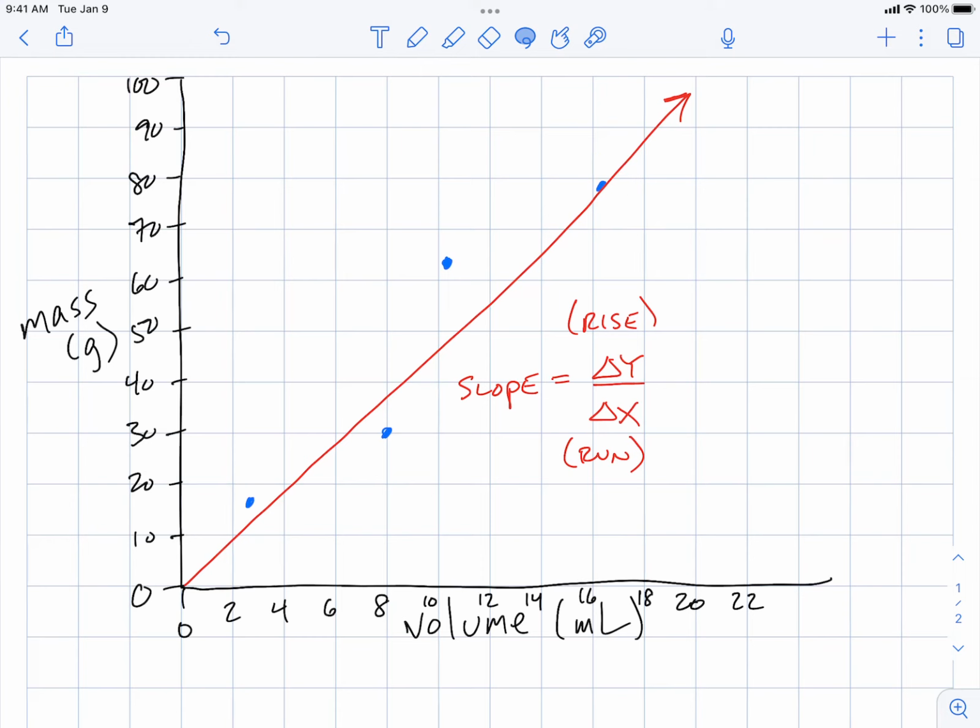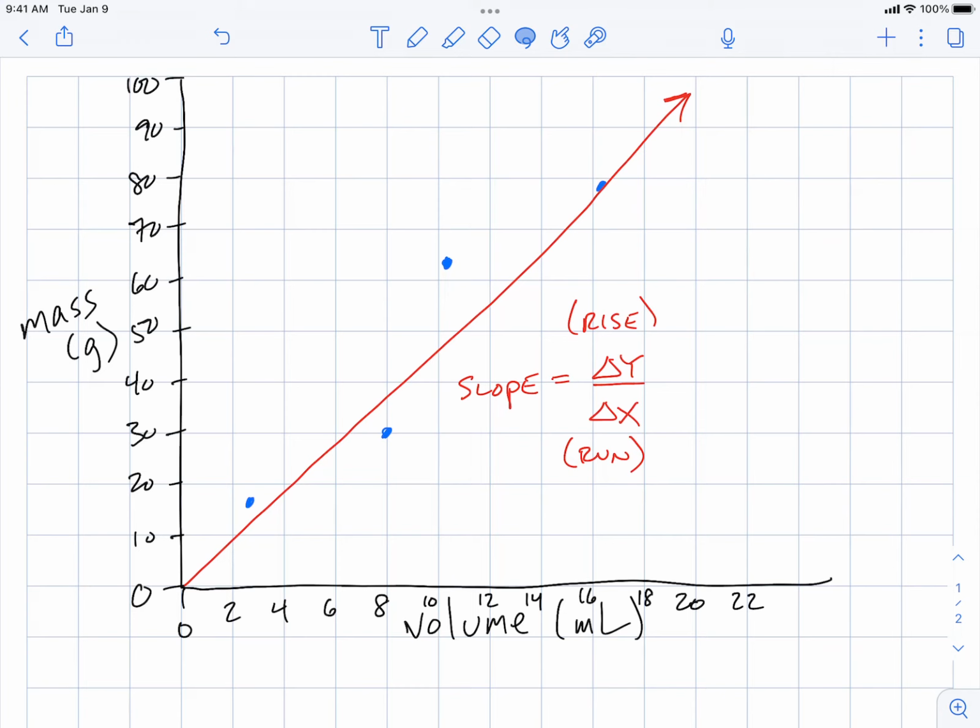But I could not choose any of our other data points because these are not on the line. Okay? If you had a line where none of your data points hit, which happens pretty often actually, you can pick any other point on the line and just try to make it easy for yourself, like where it intersects at a value that you feel pretty confident you could estimate.